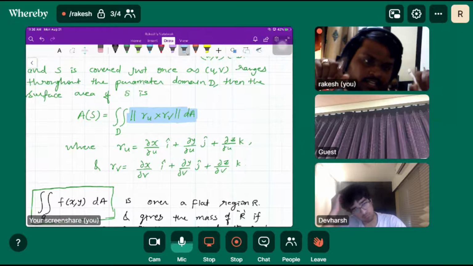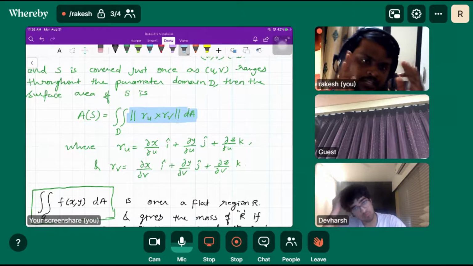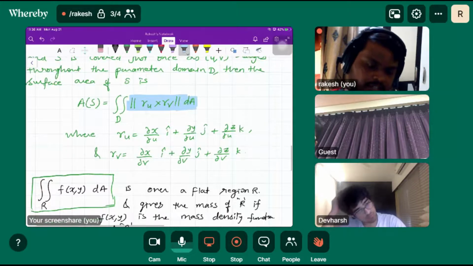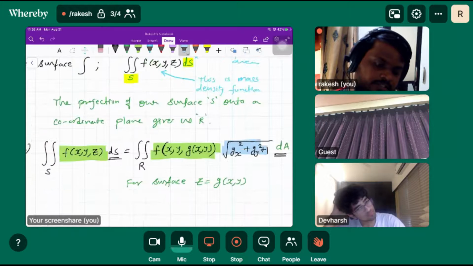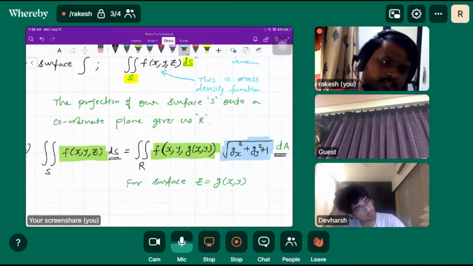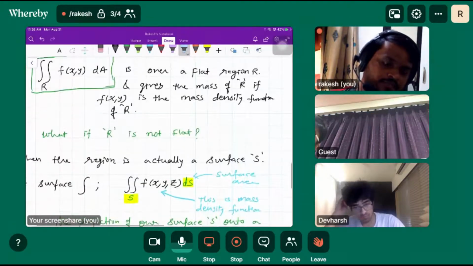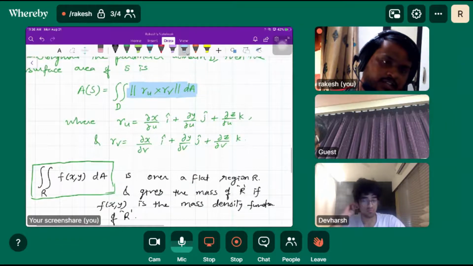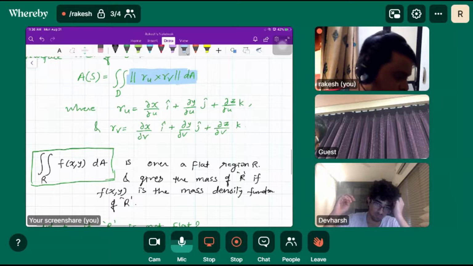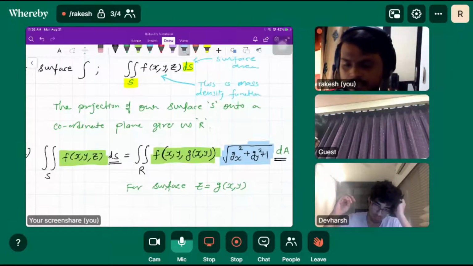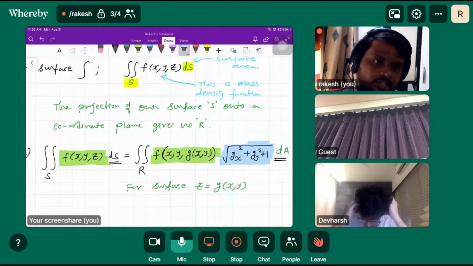The double lines around that vector product give the magnitude, right? So this is the magnitude, Ru cross Rv. That will give you the magnitude. I'll just explain this with an example. Are you getting the idea here?